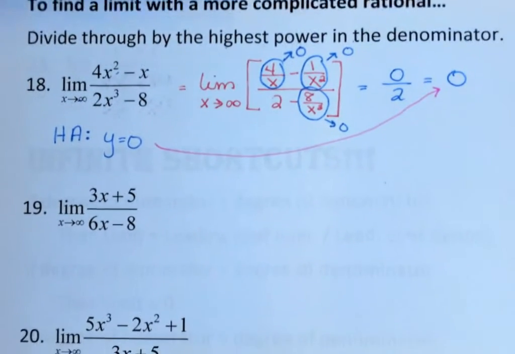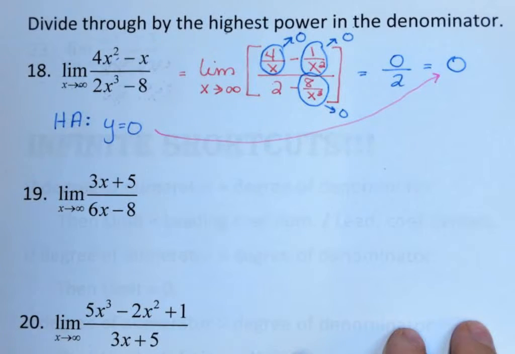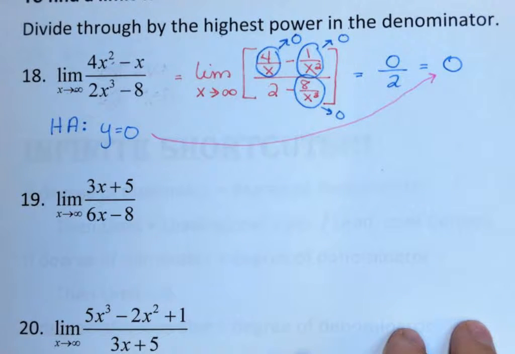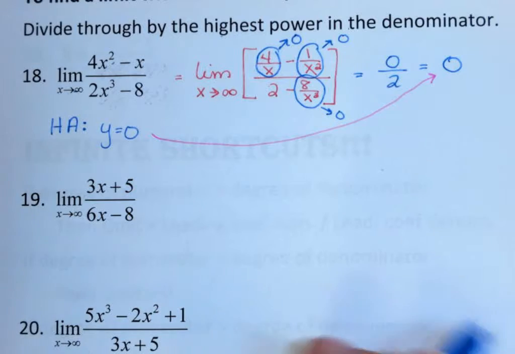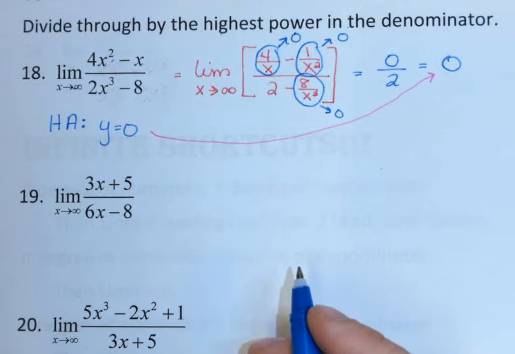Let's try the next one. Go ahead and write down number 19. Going to handle this the exact same way. What is the highest power in the denominator? 1.